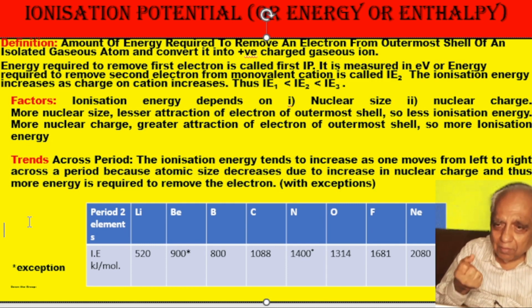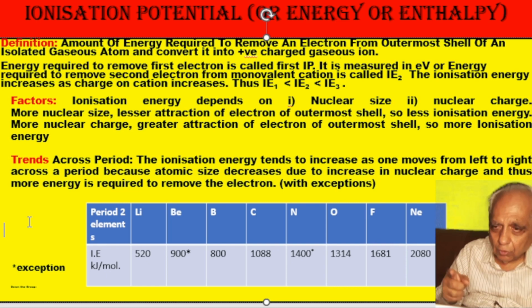Initially, when I was removing the first, my atom was neutral. Now I am removing from a cation which has a positive 1 charge. So I have to overcome the force of attraction between the cation and the electron that I am removing.